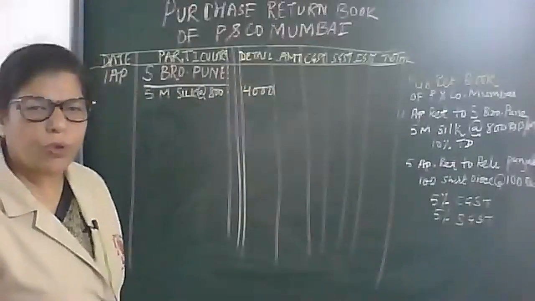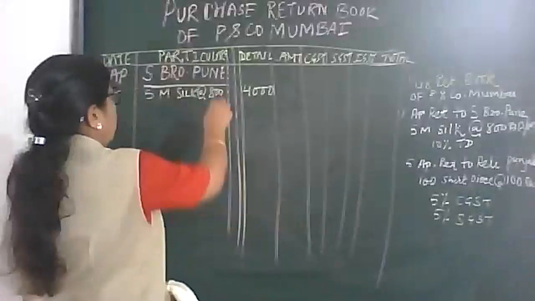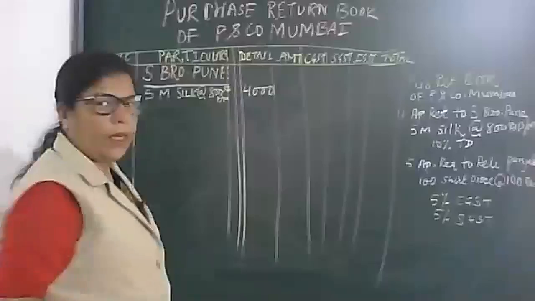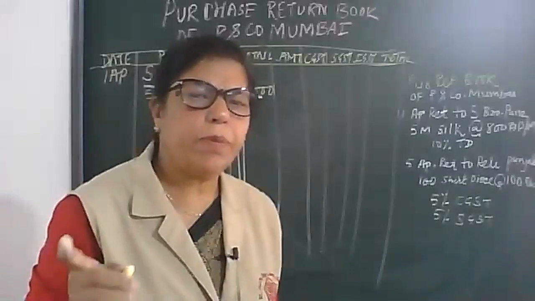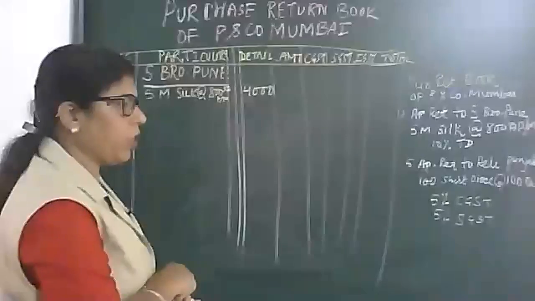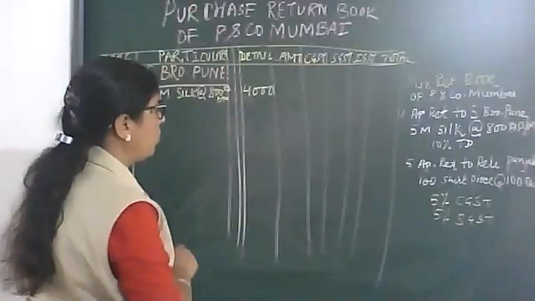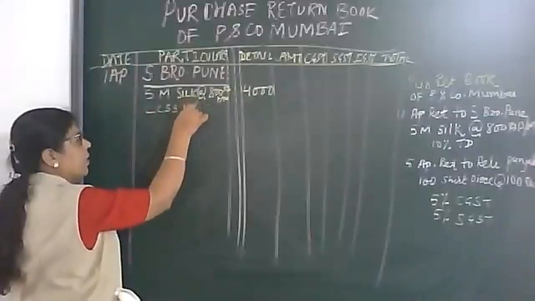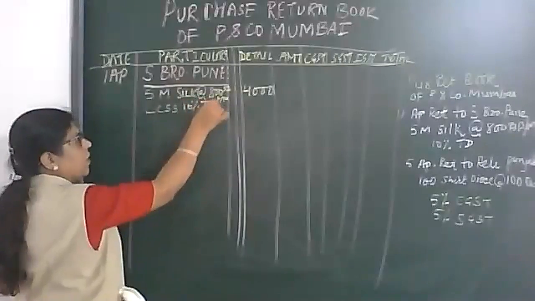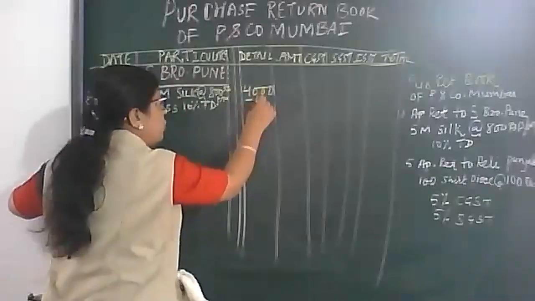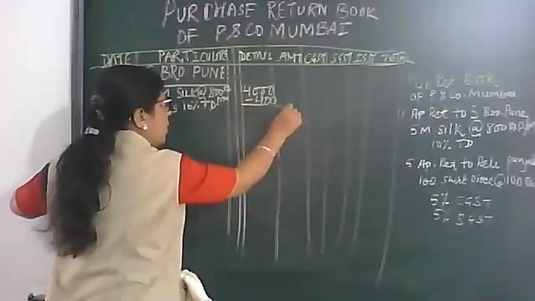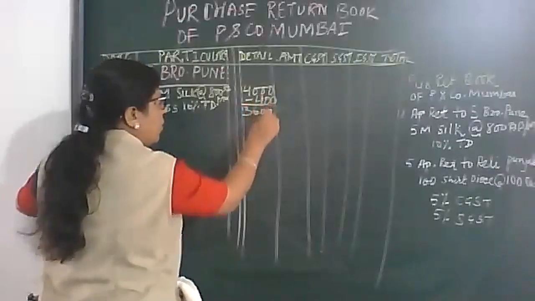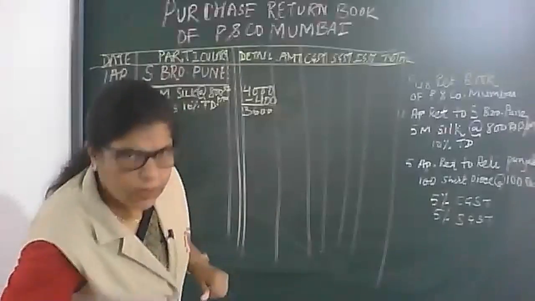That will be 4,000. Why? 800 multiplied by 5, 4,000. Now less 10% TD, means 400 should be subtracted. That will be 3,600 now.